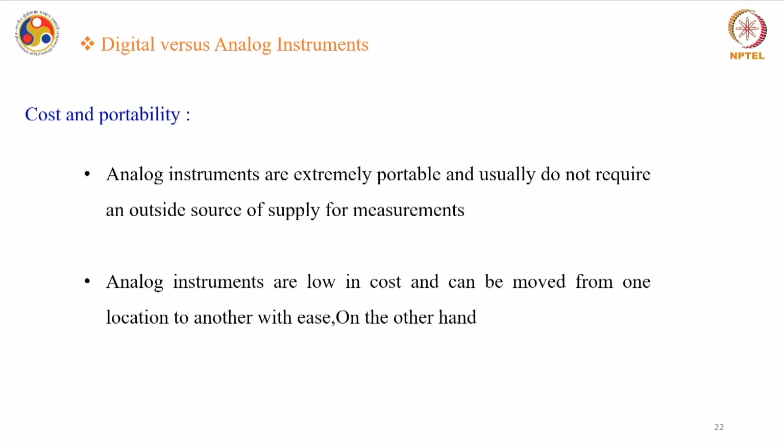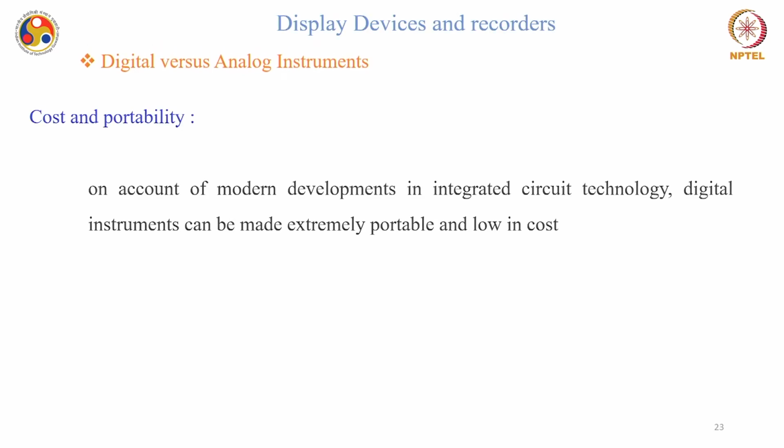If you talk about the cost and portability of these devices, analog instruments are extremely portable and usually do not require an outside source of supply for measurement, and these instruments are low in cost and can be moved from one location to another without any difficulty. Only for devices where the control is not spring control, but is based on gravity, the movement was a little difficult, right?